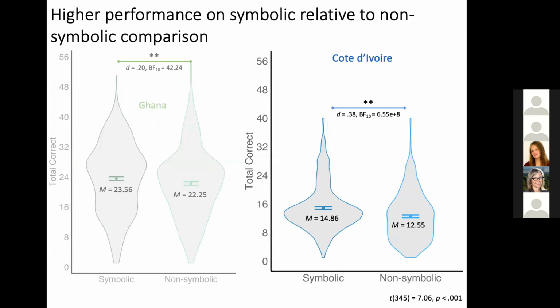So similarly, we found that children obtained significantly higher scores on the symbolic comparison relative to the non-symbolic comparison task. But as you can see here, children in Cote d'Ivoire scored lower on the numeracy screener. And this is the case across our mathematical measures.